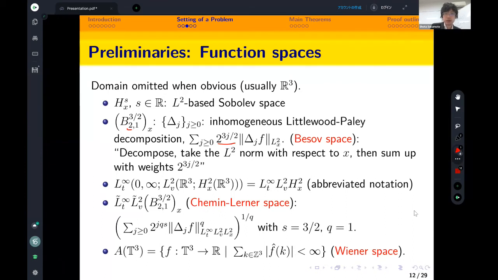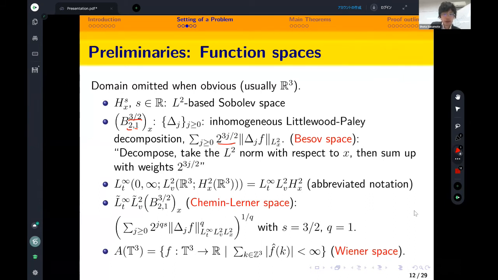In the something, we can see there's a 3/2, which corresponds to here, and the last index 1 corresponds to the fact that we are taking a small l1 sequence norm.